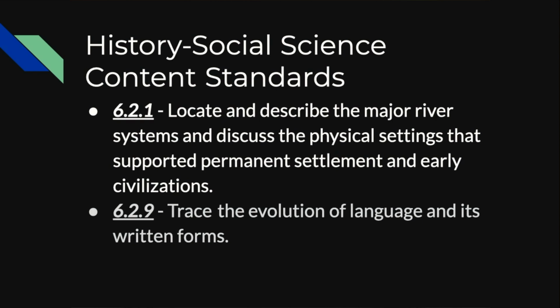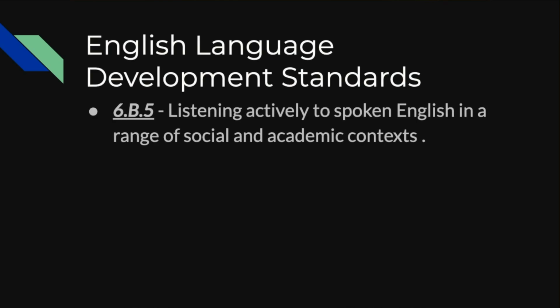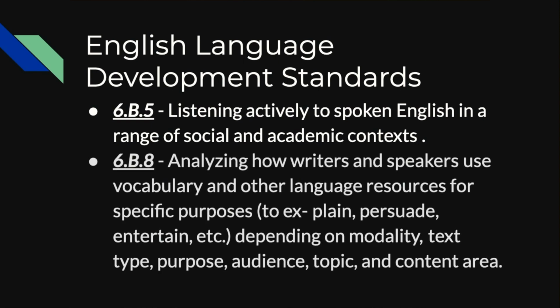Also, we'll be tracing the evolution of language and its written forms. For our ELD standards, we'll be listening actively to spoken English in a range of social and academic contexts, as well as analyzing how writers and speakers use vocabulary and other language resources for specific purposes to explain, persuade, entertain, etc.